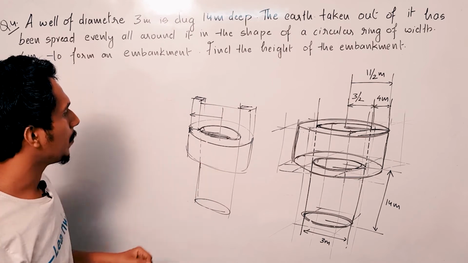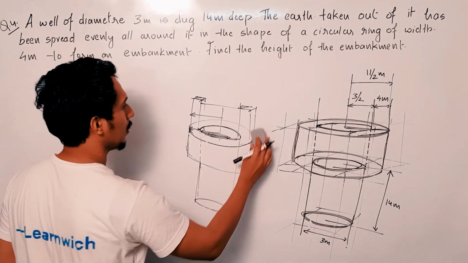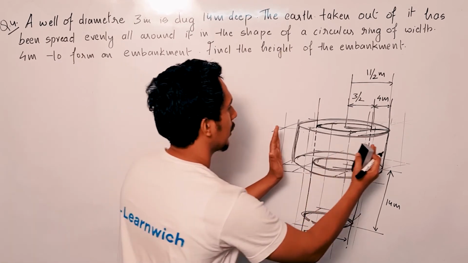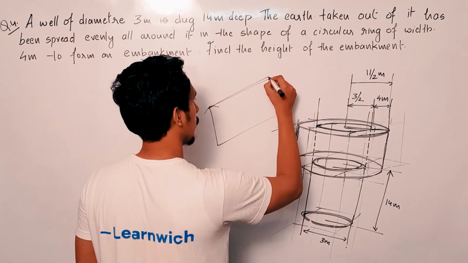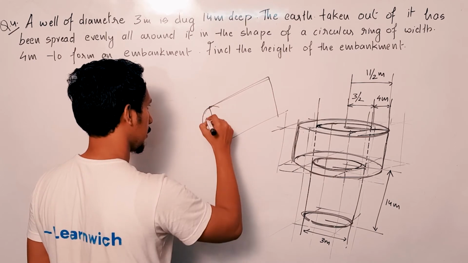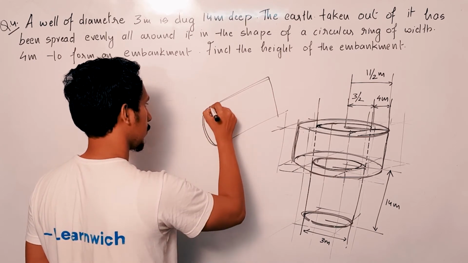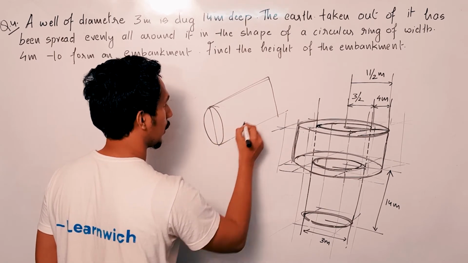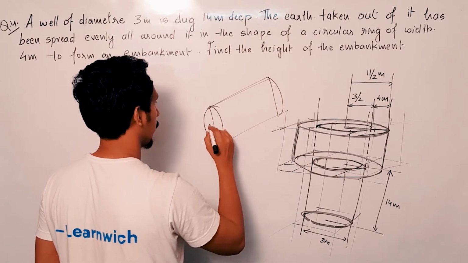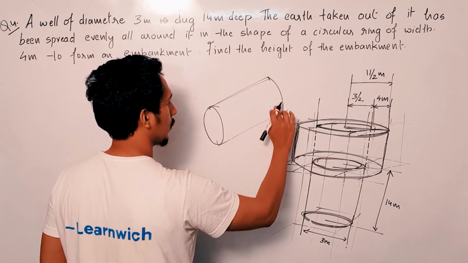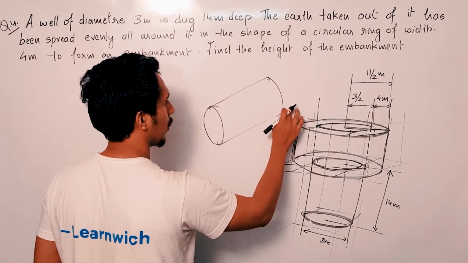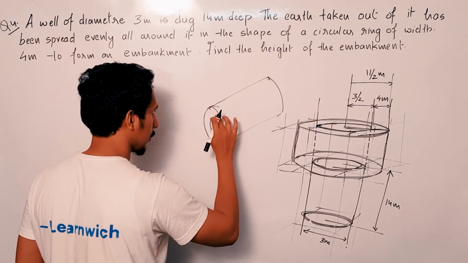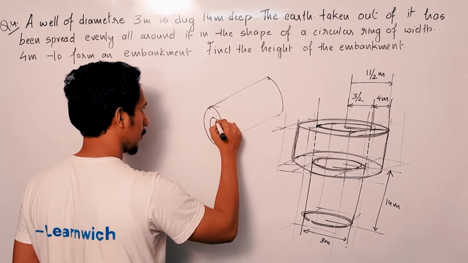Okay, so now tell me, there is a ring, this is a cylinder, no? This is a bigger cylinder and there's an inner cylinder. So let's say there's a cylinder like this. If I know the volume of this cylinder, and there is an inner cylinder that is cut out like this.